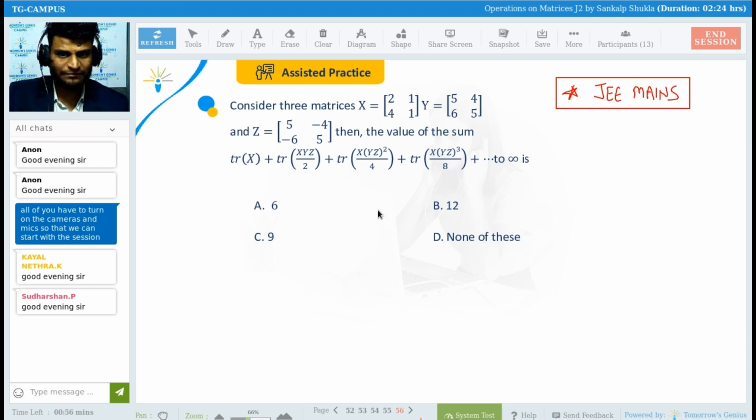Anybody want to give it a try? Or do you want me to solve this question? See, we'll go backward also, because we have skipped so many questions.